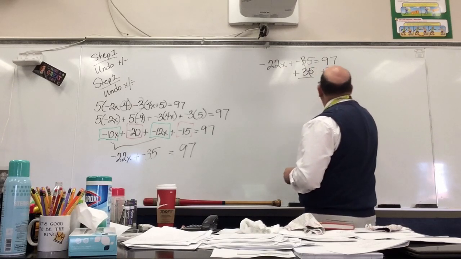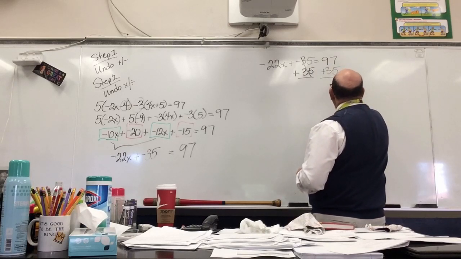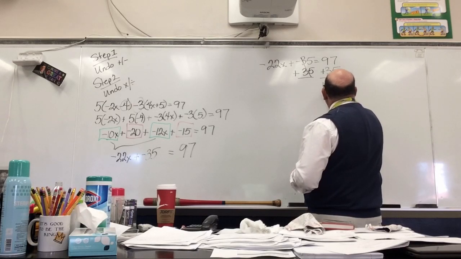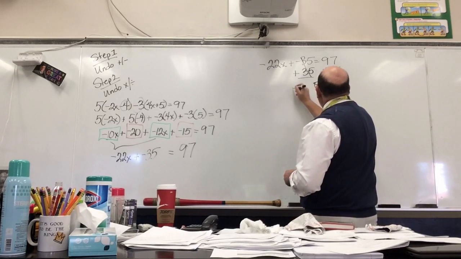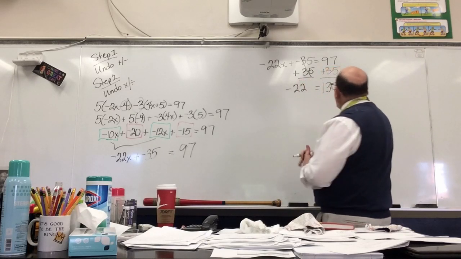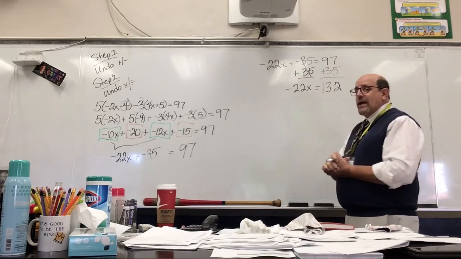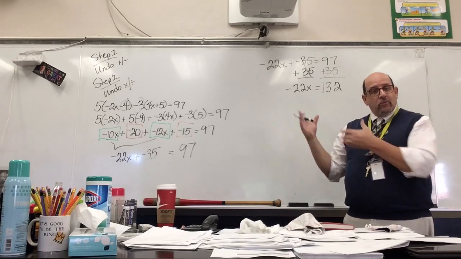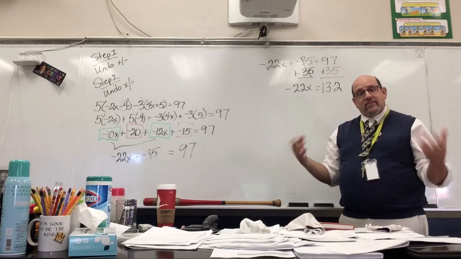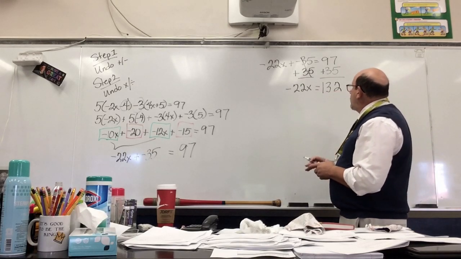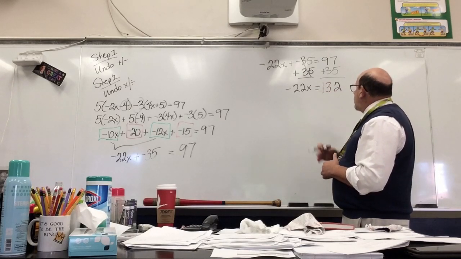Okay. Well, what's this? That's a 2. Put a 1 up there. 132 is equal to negative 22x. I know because I'm looking at it right now and I can see that I have a number that actually is divisible by 22.